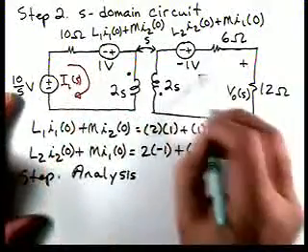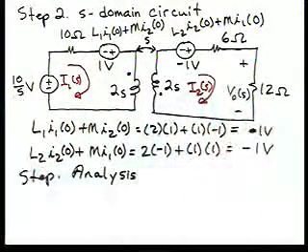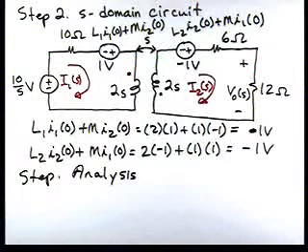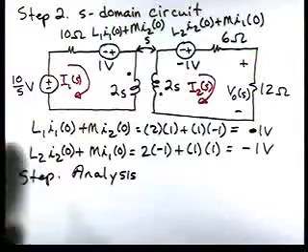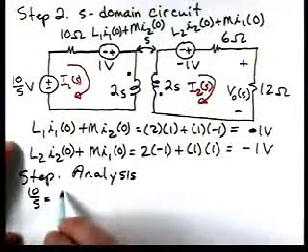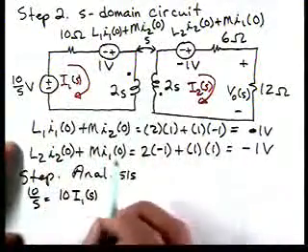I1 and I2, and apply KVL to the meshes to write the equations. So let's start with the mesh on the left. We'll have 10 over S is equal to 10 I1, drop across here.